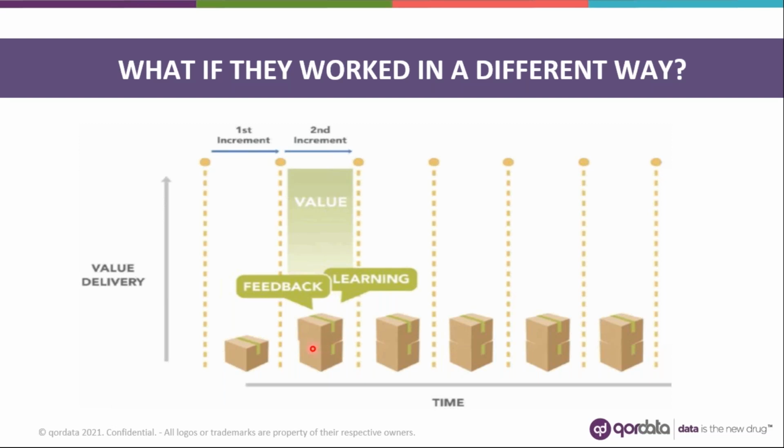Quality is not compromised here because every iteration of the product had quality built in. What they developed is already working. And if they prioritize the work correctly, they work on the most important things first.